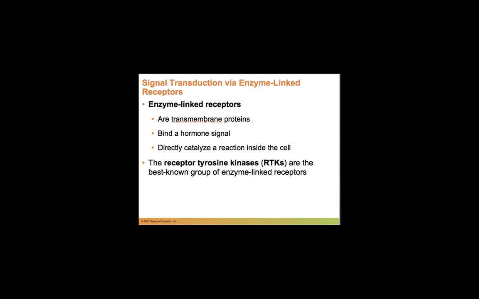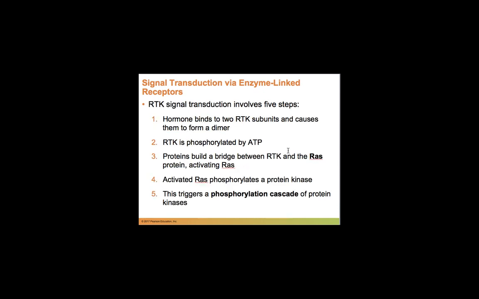Alright. Now let's talk about signal transduction through enzyme-linked receptors. Our enzyme-linked receptors are transmembrane proteins. These transmembrane proteins are going to bind a hormone signal and then directly catalyze a reaction inside the cell. The best known enzyme-linked receptor we studied is our receptor tyrosine kinases, or RTKs.